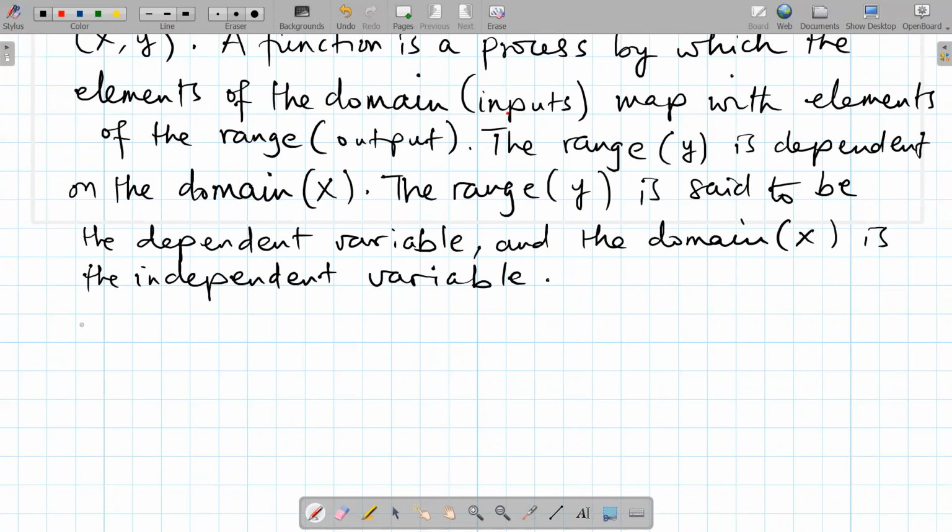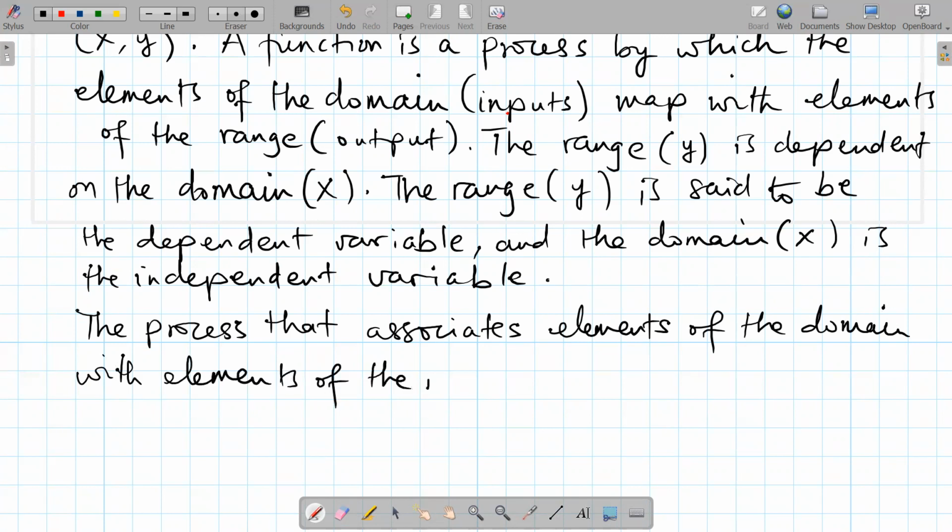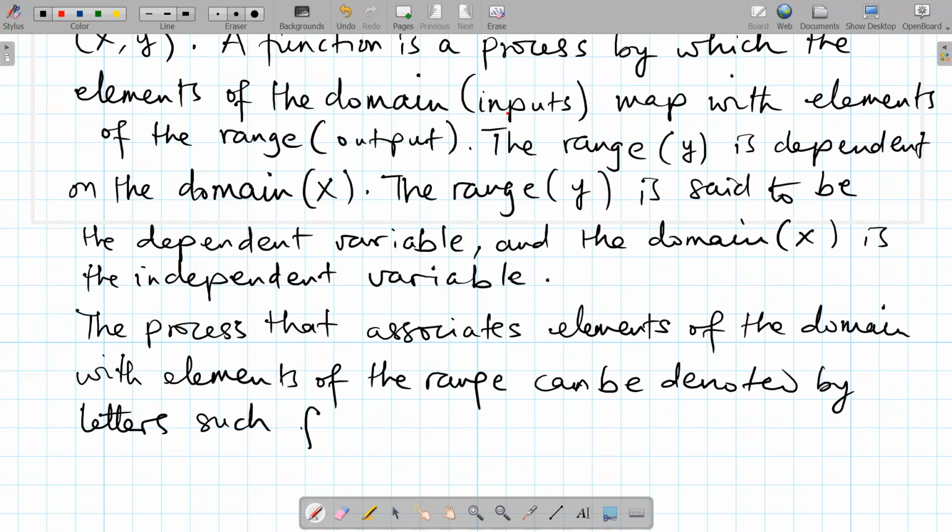So let's put it this way: the process that associates elements of the domain with elements of the range can be denoted by letters such as F, G, H, etc.